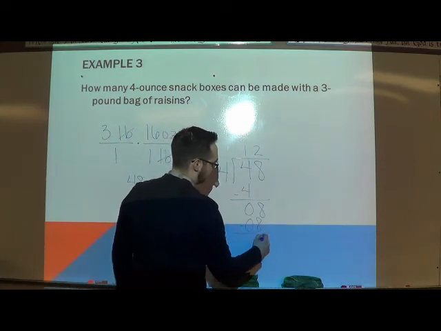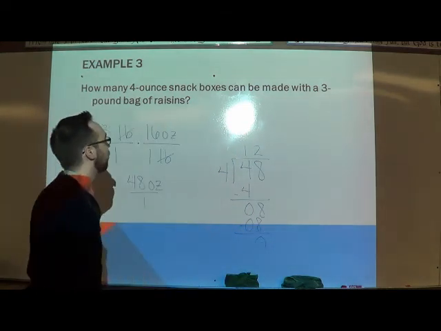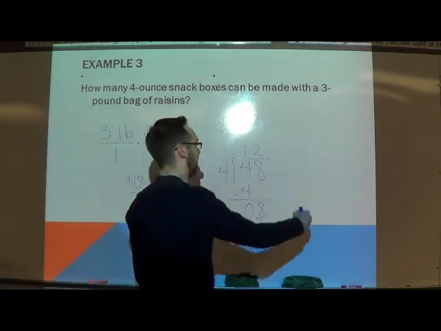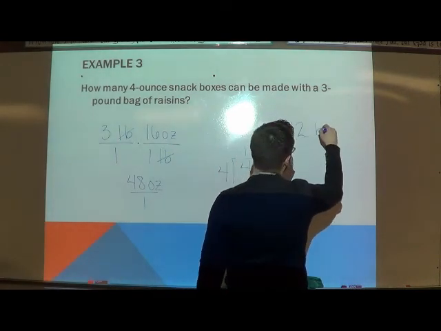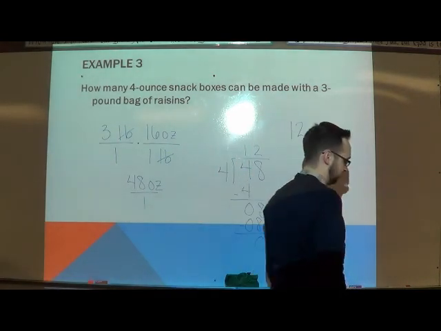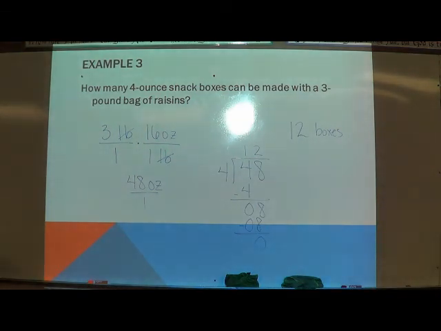We're going to get 12 of those 4-ounce snack boxes. So the answer here would be 12 boxes. So these word problems are kind of an example of where we can use these, but there's more than just conversions here. You're converting it, and then you have to do something else with it. Most of the time, divide or multiply.